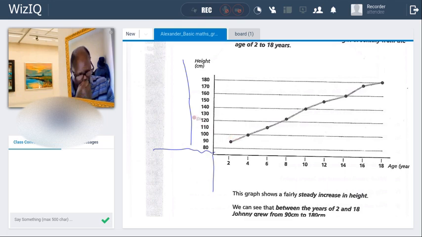So the first, I said the vertical axis is the y-axis, and it has the dependent variable. Its value is dependent on the x-axis. The x-axis is called the independent variable.